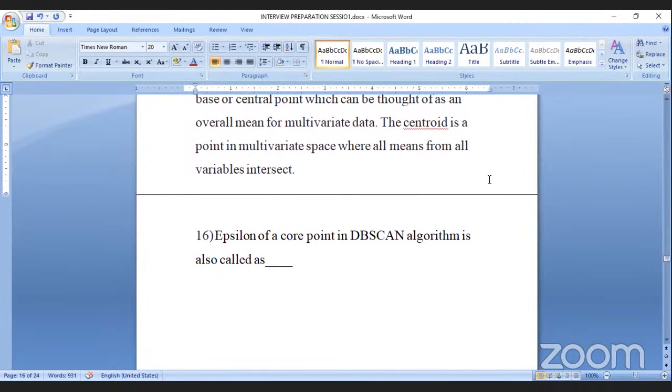The 16th question: epsilon of a core point in the DBSCAN algorithm is also called as dash. Epsilon of a core point in the DBSCAN algorithm is also called as dash. Come on, friends, answers for the 16th question. Any guesses?